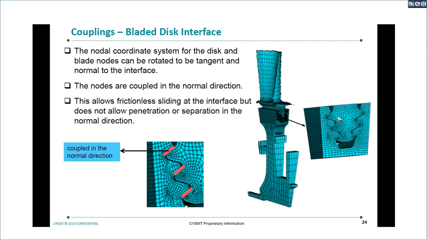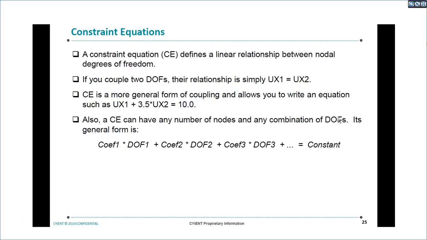So this is one of the applications on couplings. As we mentioned, constraint equations are mainly used to establish relations between the nodes. Generally, in coupling, what they are telling is node 1, US1 equals US2.